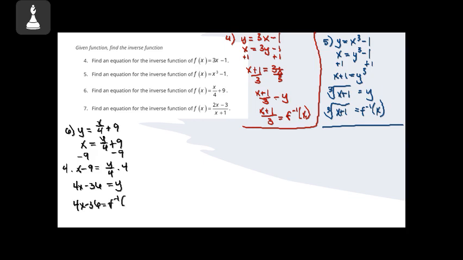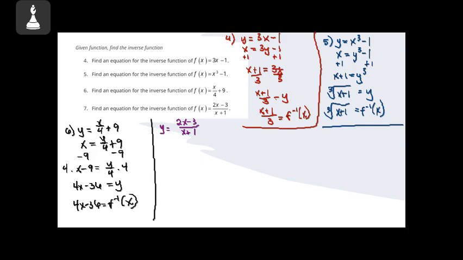All right, now comes the last one, which has more than one x, which means there's going to be a little more work involved here. So our given function is y equals 2x minus 3 over x plus 1. If I switch x and y, x equals 2y minus 3 over y plus 1.